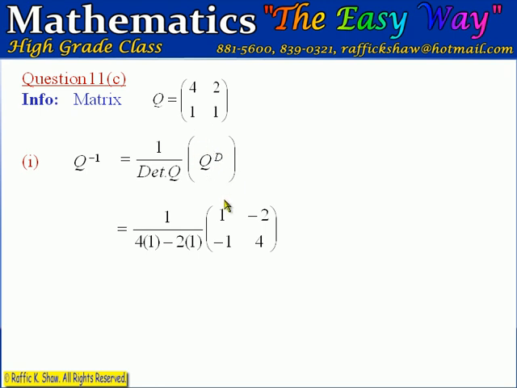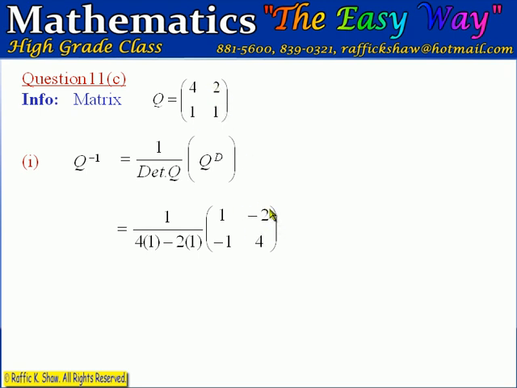And then the adjoint matrix of Q, which is here, is obtained by interchanging these two elements. These are the main diagonal elements. So we interchange the main diagonal elements such that the 4 goes here and the 1 goes here. And that's what we have, an interchange of the main diagonal elements here. And then these other two elements, we change the sign.